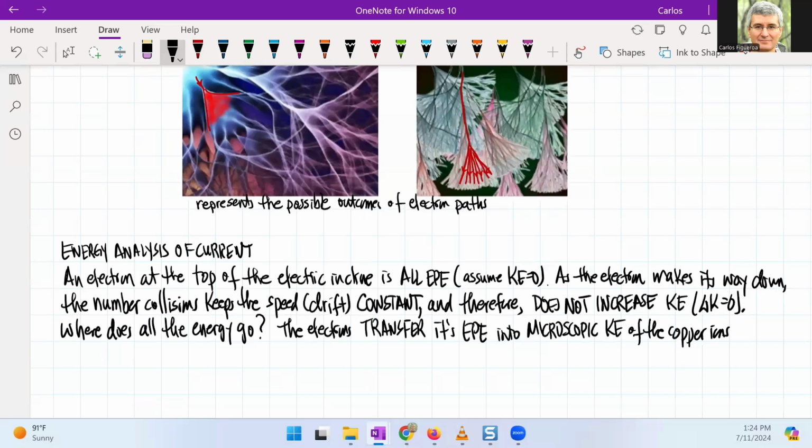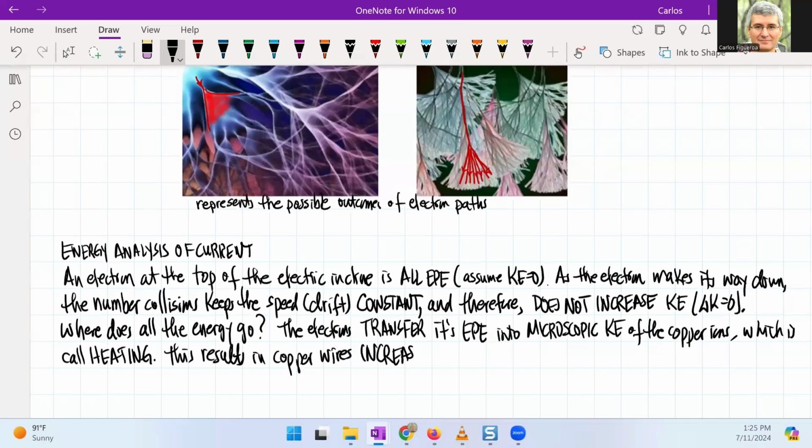There's a tiny portion that goes to other electrons, but it's tiny, which is called heating. In other words, this results in copper wires increasing in temperature.